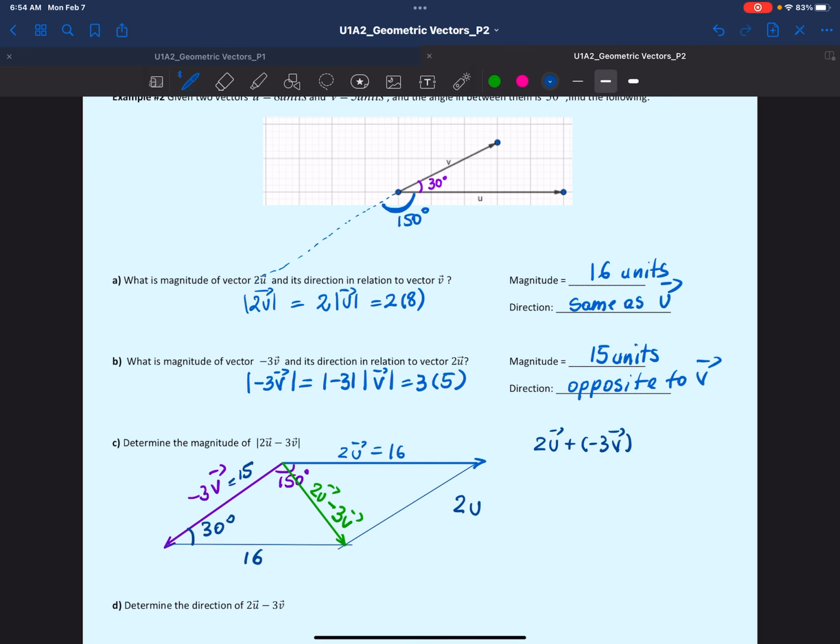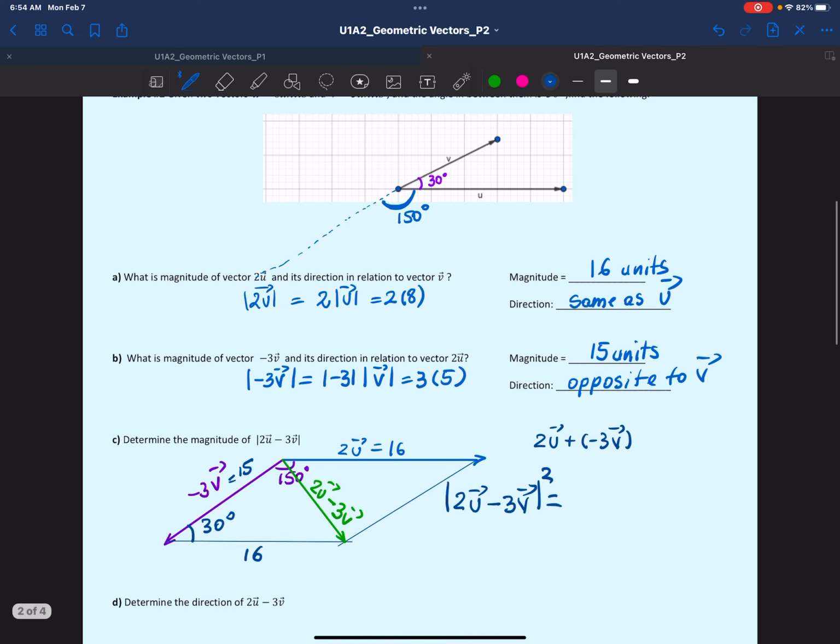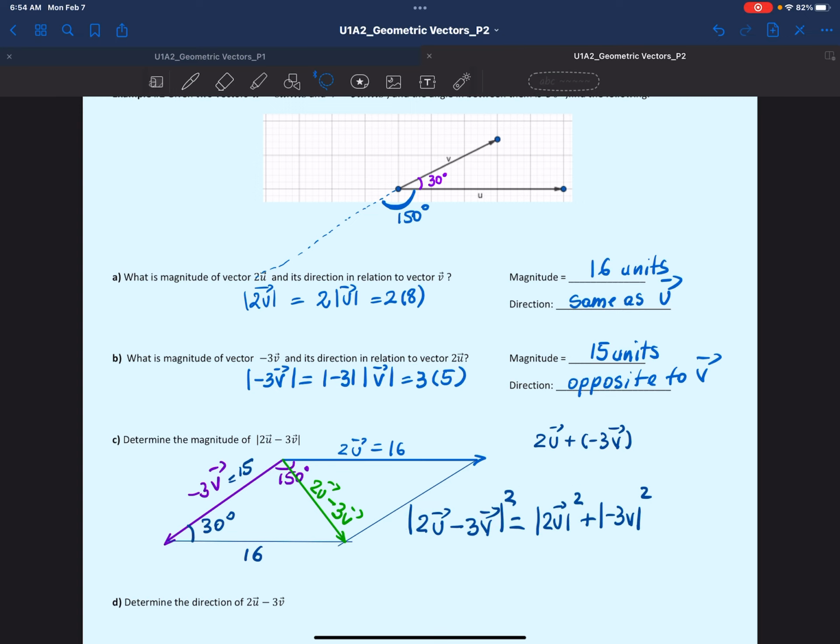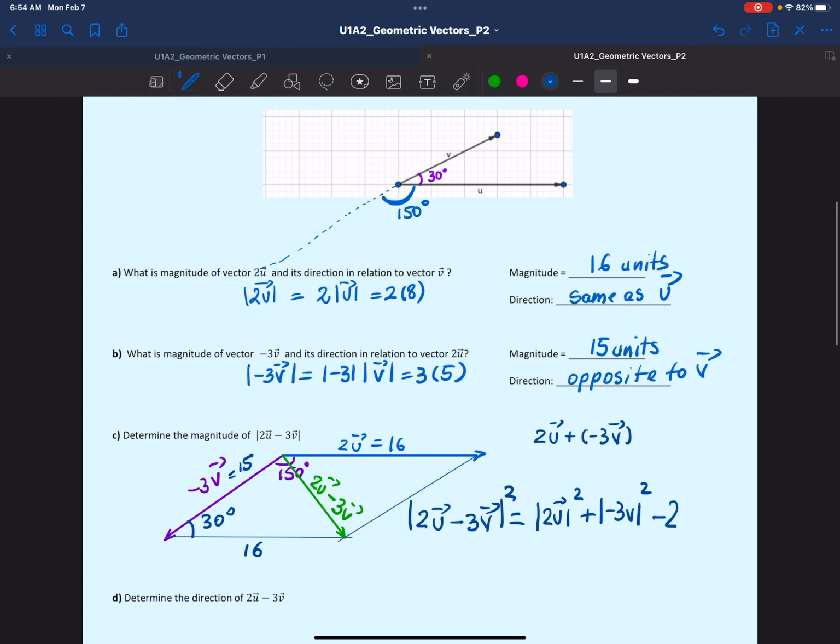So we'll write this down. The magnitude of 2u minus 3v to the power of 2 equals the magnitude of 2u squared plus the magnitude of negative 3v squared minus 2 times 2u times negative 3v times cosine of 30.